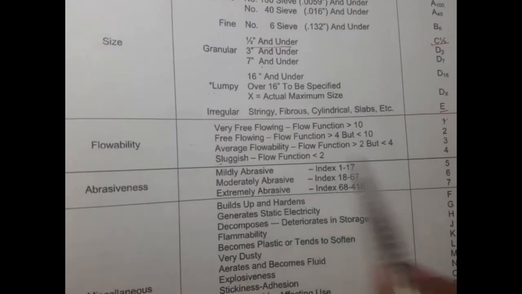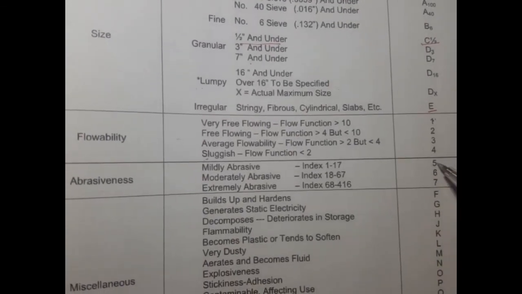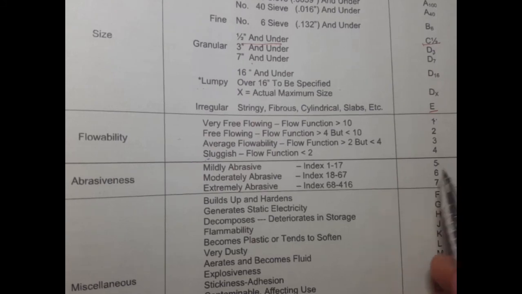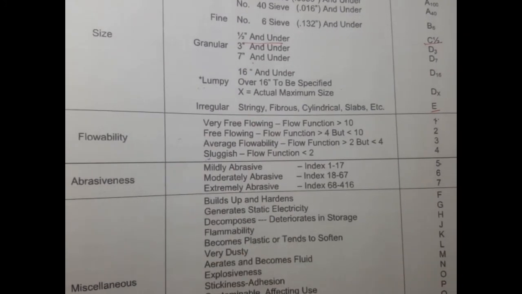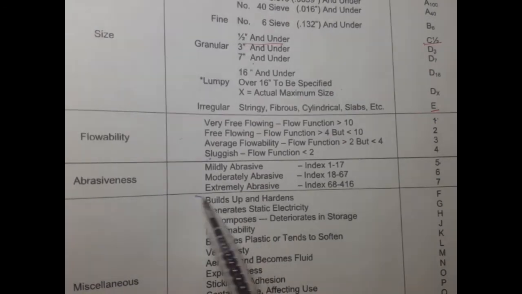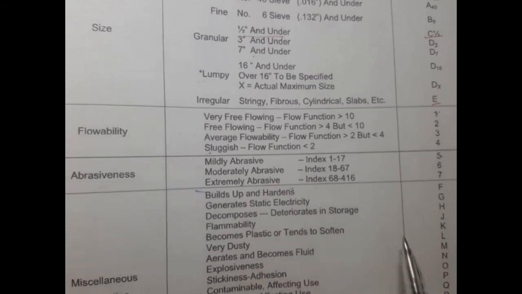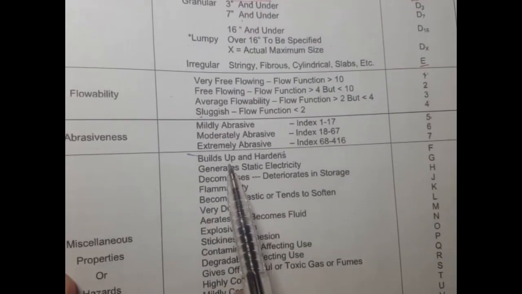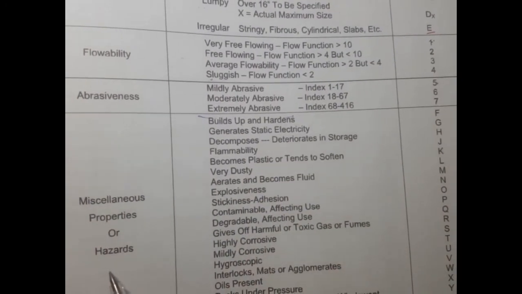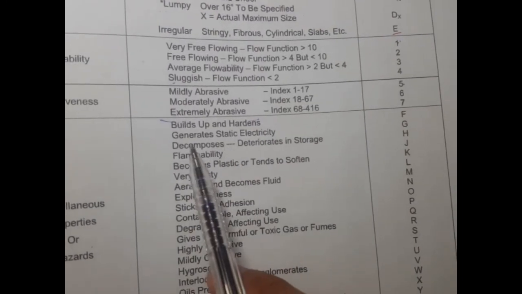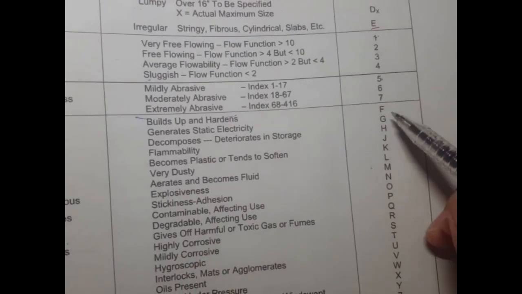For the abrasiveness, the code designation is 5, 6, 7. If it is 5, it means it is mildly abrasive. 7 is extremely abrasive. We have discussed this already, the abrasiveness. Then for the miscellaneous properties, we have these letters right here.